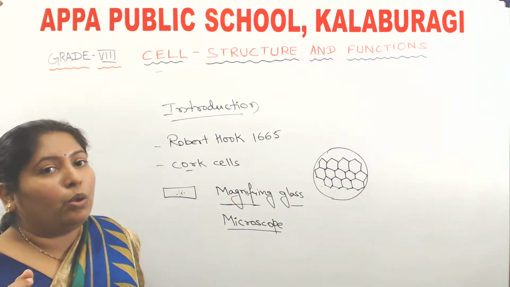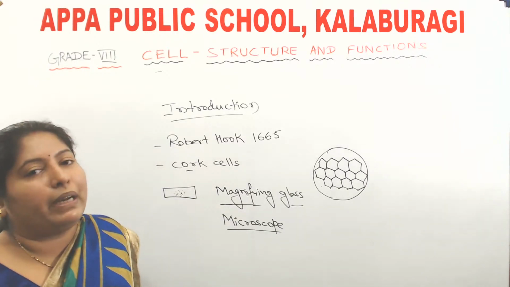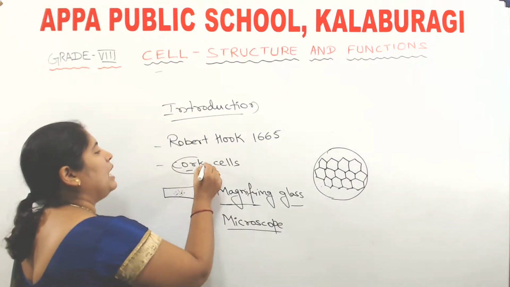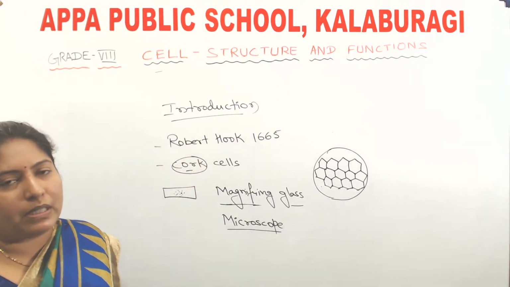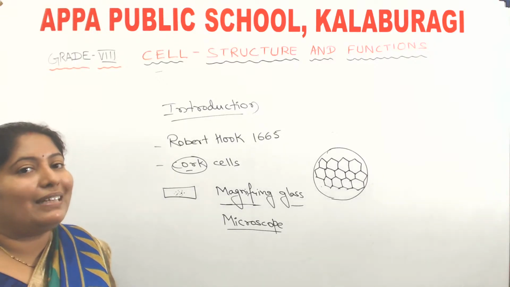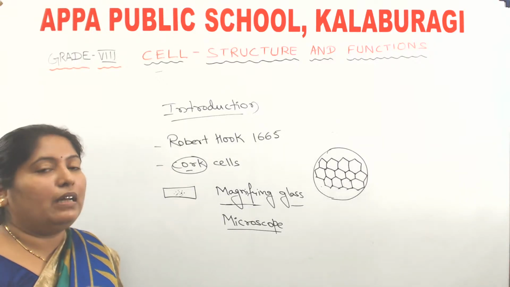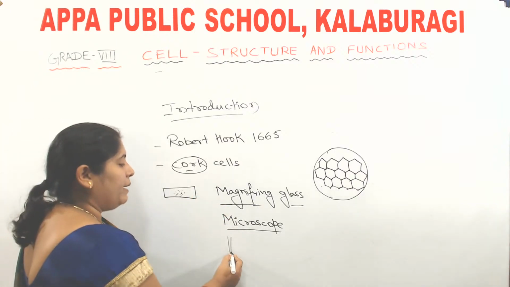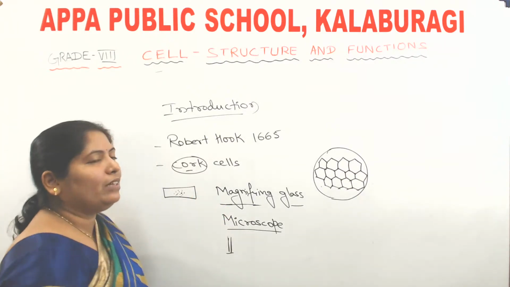Because at that time, no one knew that living things are made up of cells. First of all, the cork cells are non-living. But at the beginning, when the plant starts germinating and undergoes different developmental stages, the plant stem has only living cells.